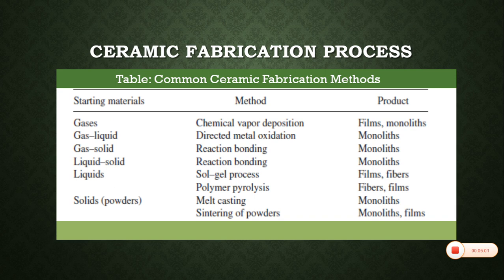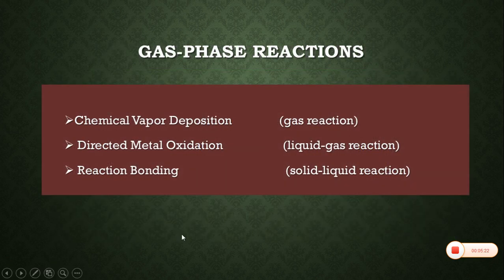And for the liquid, we have the sol-gel process and the pyrolysis process. And lastly, if the starting material is a solid, we have the melt casting method and the sintering of the powder. Now we will discuss these phases one by one.